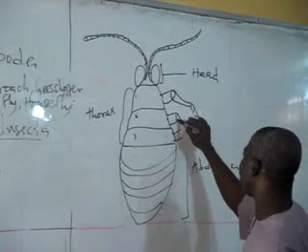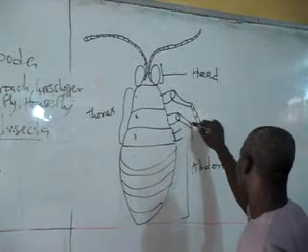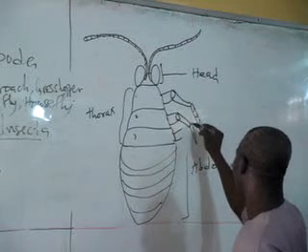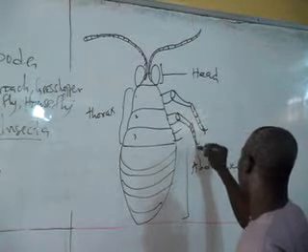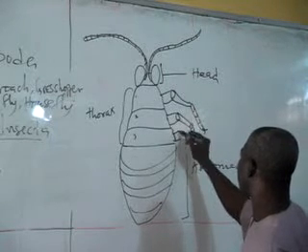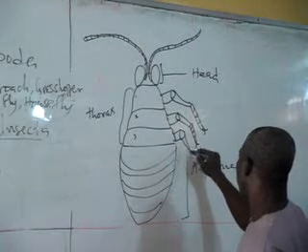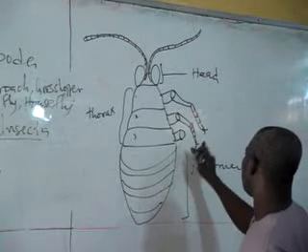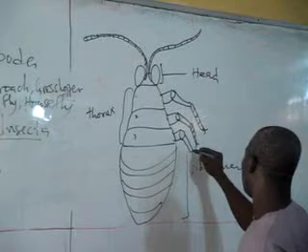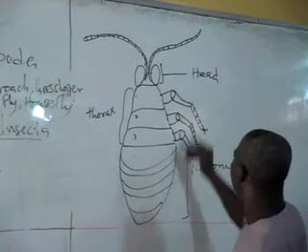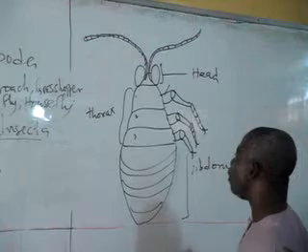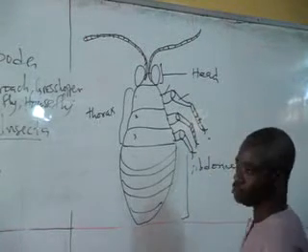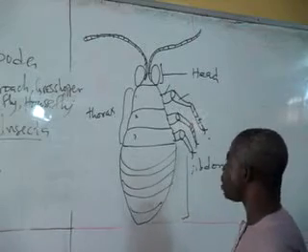Another one arises like that, and then down, ending in a cross. Another one arises there, and down, and then ending in a cross. So this one is the femur, this one is the tibia, this one is the tarsus, and then the cross follows. So they have 3 pairs.